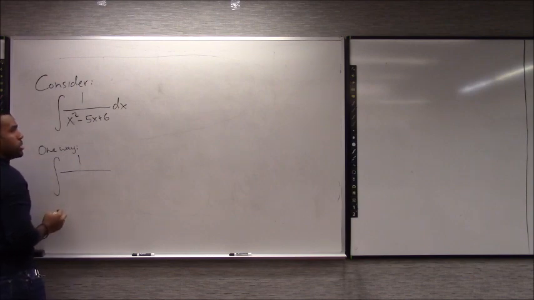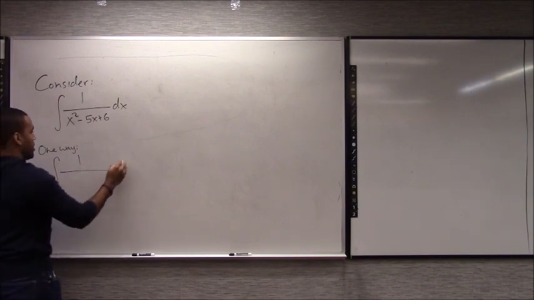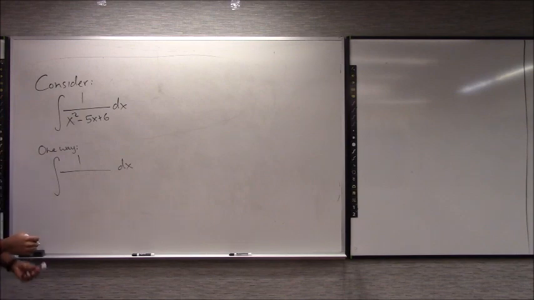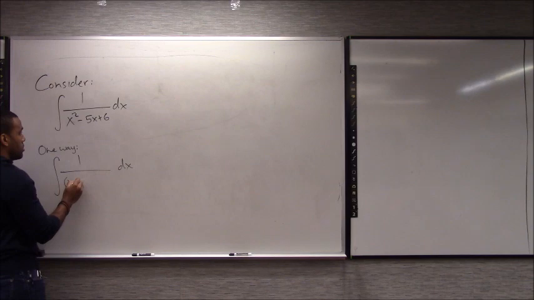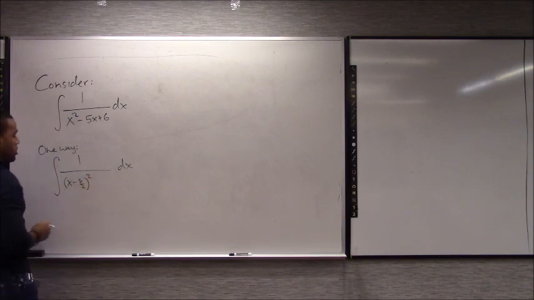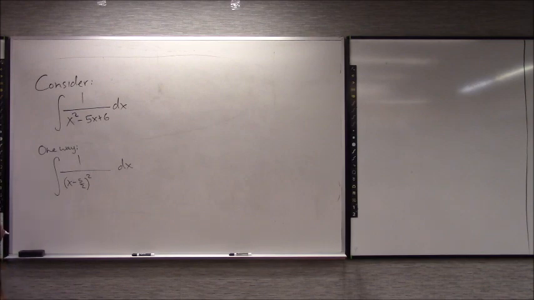We could actually complete the square here. What would completing the square look like in the denominator? X minus 5 over 2, squared. So if you square this, you get a plus 25 over 4. How do you get to a 6?